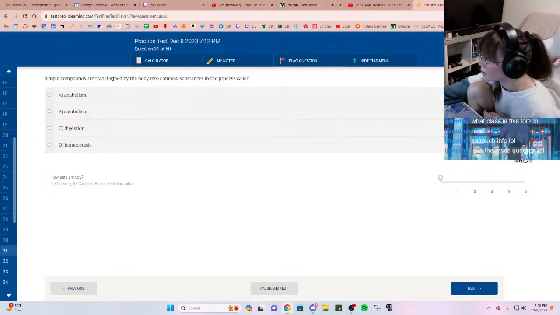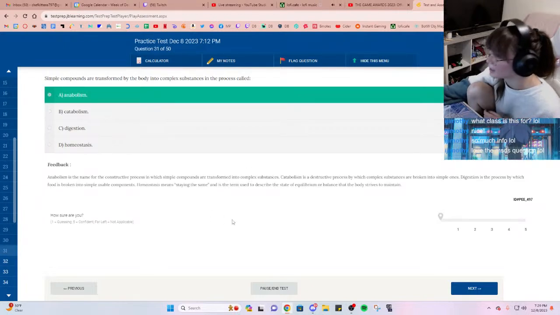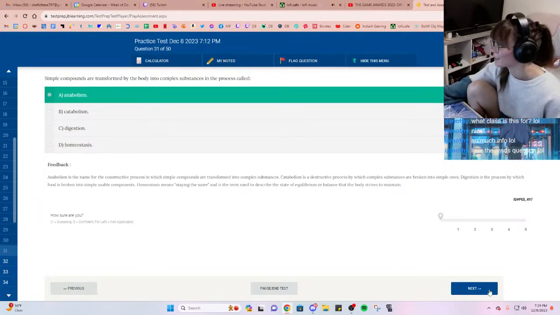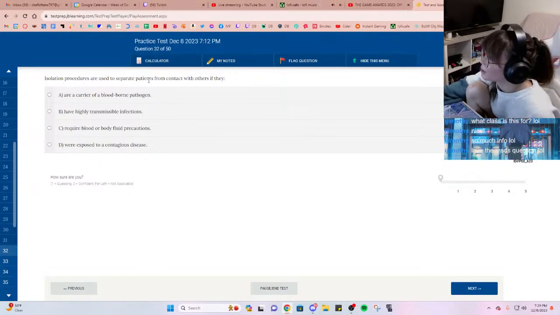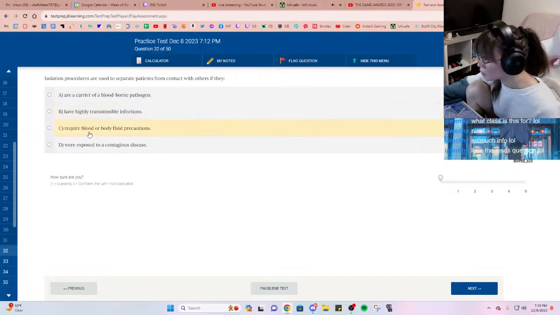Simple compounds are transformed by the body into complex substances in the process called anabolism? Yes. Isolation procedures are used to separate patients from contact with others if they are a carrier of a bloodborne pathogen, have highly transmissible infections, require blood or body fluid precautions, or were exposed to a contagious disease.